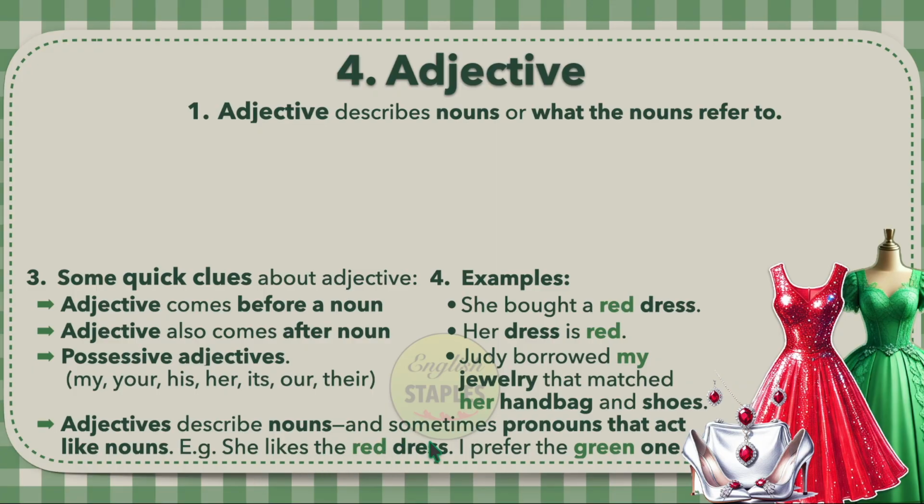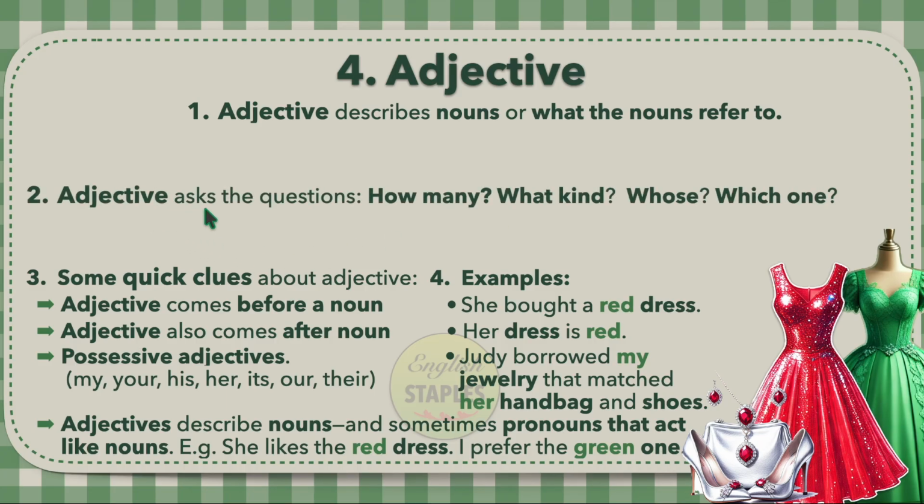Red describes dress. I prefer the green one. So green describes one, which is the pronoun for dress. Adjective asks the questions: how many? What kind? Whose? Which one? To identify adjectives, these are questions you can ask.